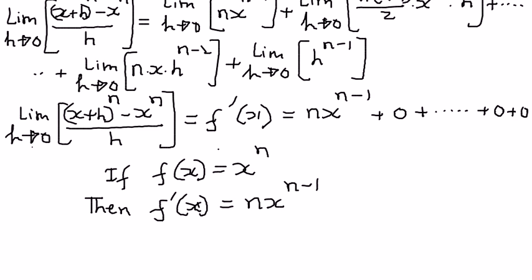That is what we have seen from here. I'm going to put a box around this, and then the plus 0, and there are zeros all along that part. Therefore, we can drop all the zeros and say, if we have a function which is x to the power of n, the first derivative of that power function is going to be n x to the power of n minus 1.